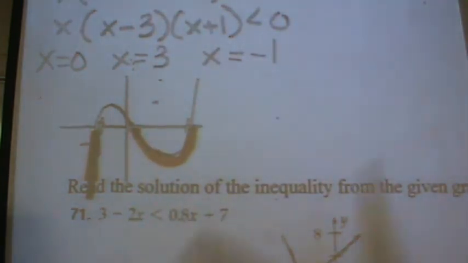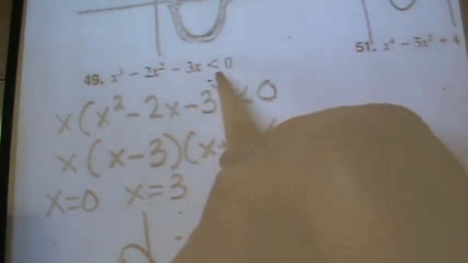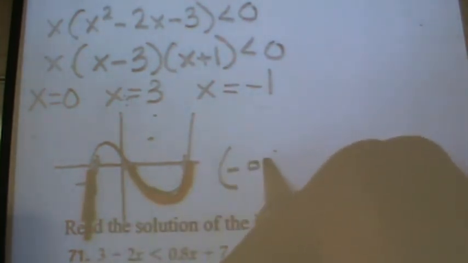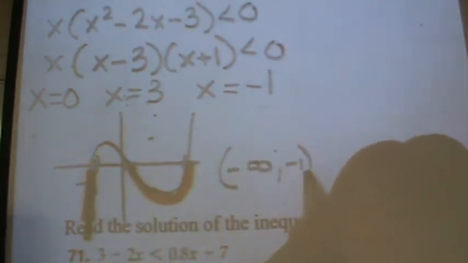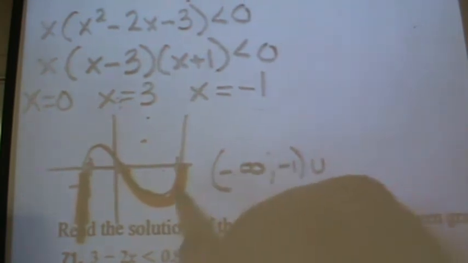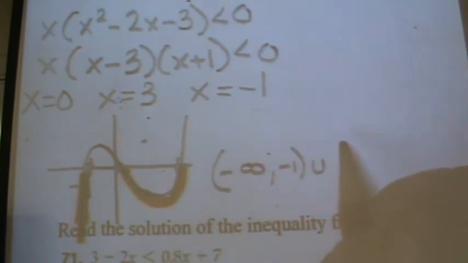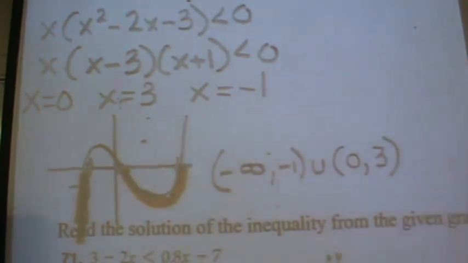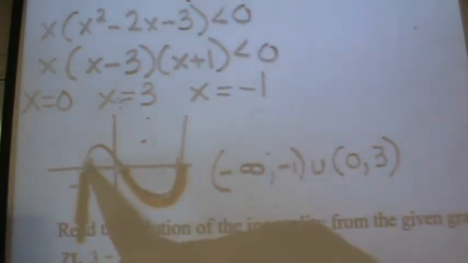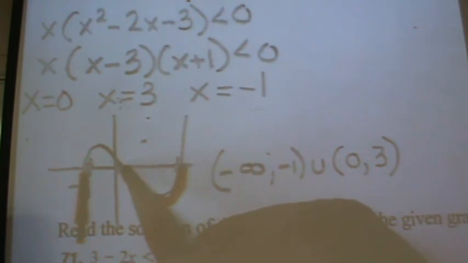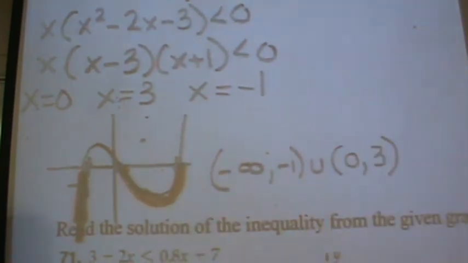So the correct answer, and we're not including those zeros, would be from negative infinity to negative 1, union, and it's hitting at 0 to 3. So it's from negative infinity to negative 1, and from 0 to 3.